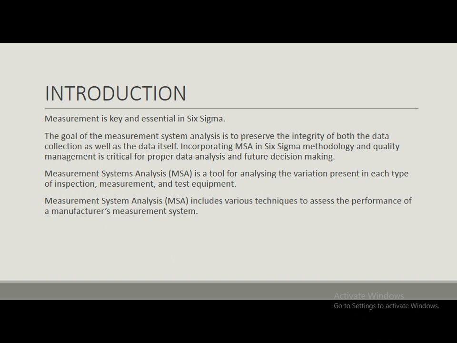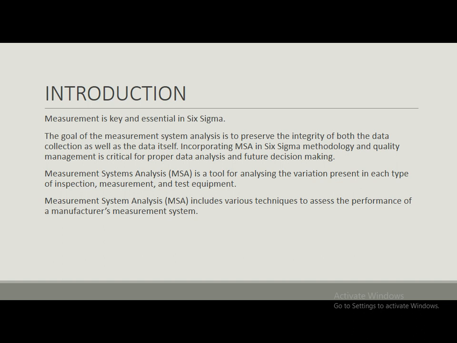Measurement system analysis includes various techniques to assess the performance of a manufacturer's measurement system. The measurement process includes several measures such as softwares and a variety of sources for potential variation such as personal and environmental factors.